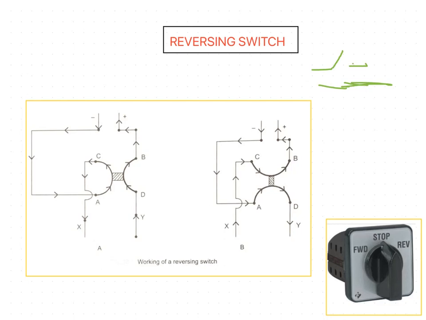Technically, in electronics, this reversing switch is called a double pole double throw type of switch, which has 6 connections. But polarity reversal is a very common usage of the reversing switch.